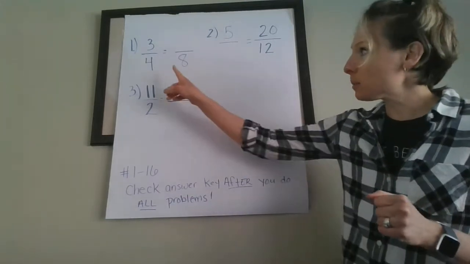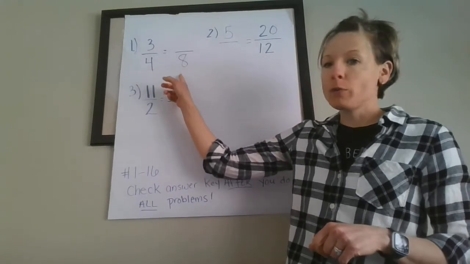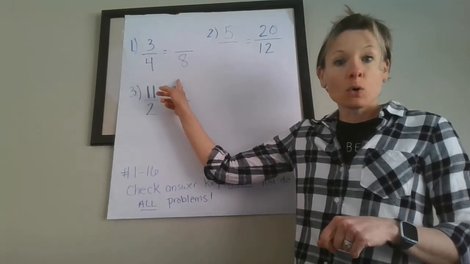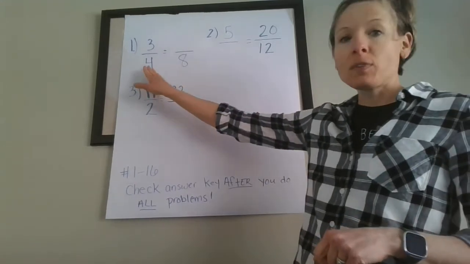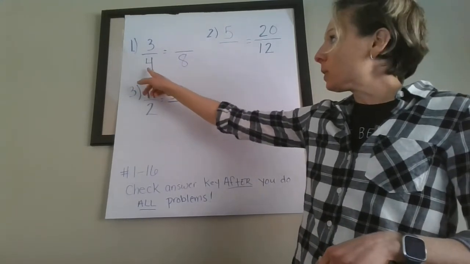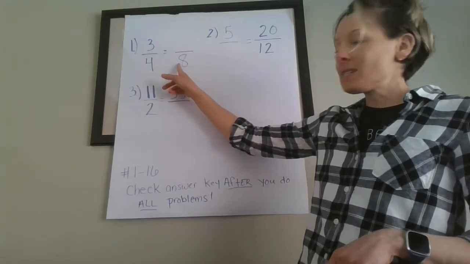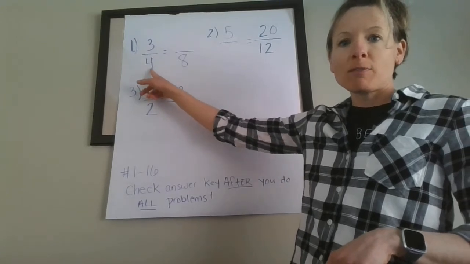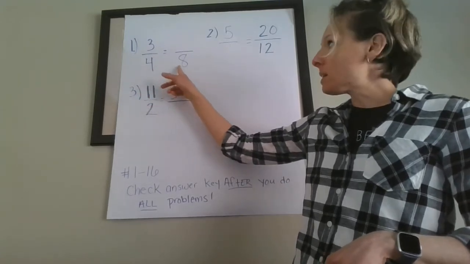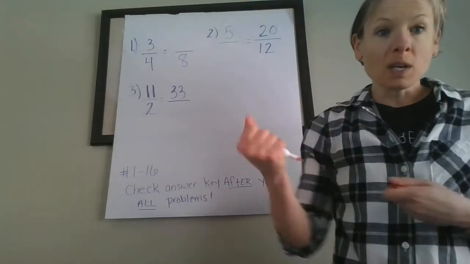Okay, so let's look at number 1. 3/4 equals blank over 8. So remember, we have both denominators here. We had 4, we went to 8. What did we multiply that 4 by to get to 8? Well, you should know that 4 times 2 is 8.